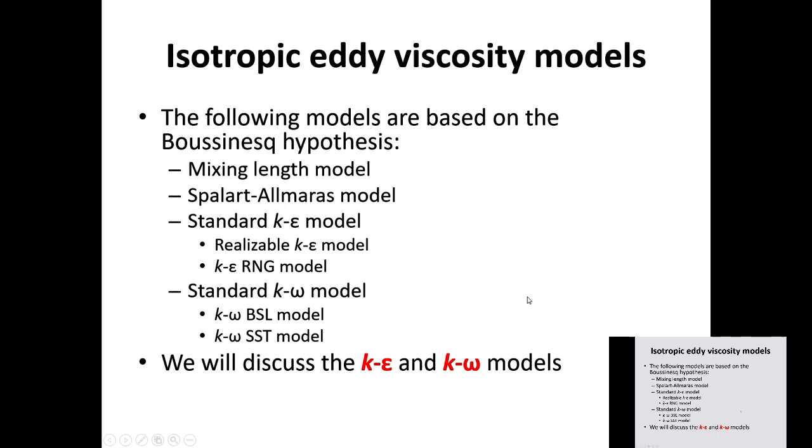So that type of models are the mixing length model, Spalart-Allmaras model, which we are not going to discuss here, and standard K epsilon model, and there are variants of the K epsilon model and the K omega model. So these are basically two equation models, so like the previous one.